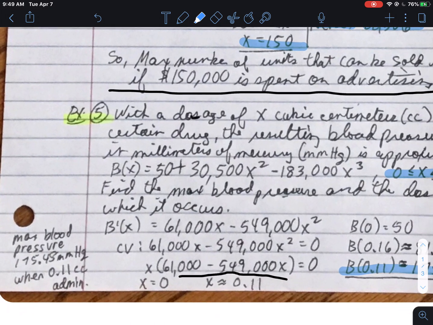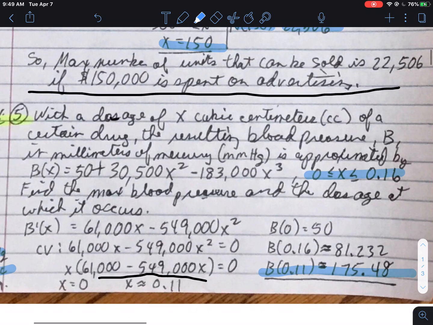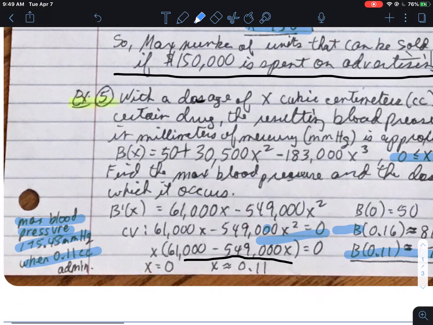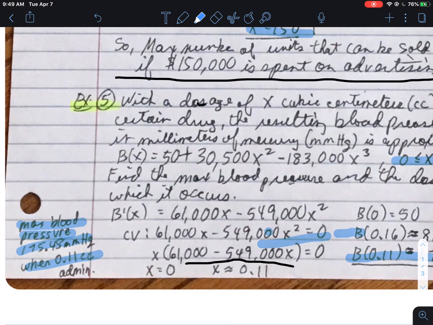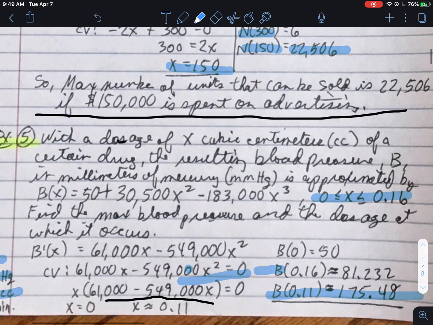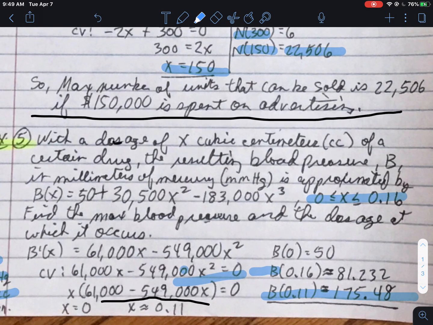So I've got a maximum blood pressure of 175.48 millimeters of mercury when 0.11 cc's of the drug are administered. That's section 3.4.